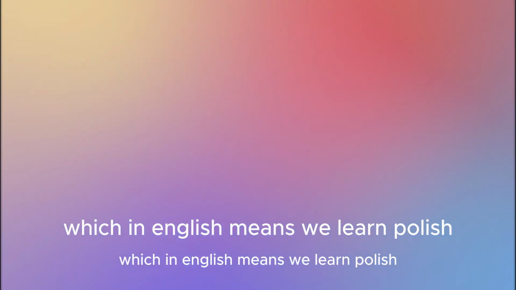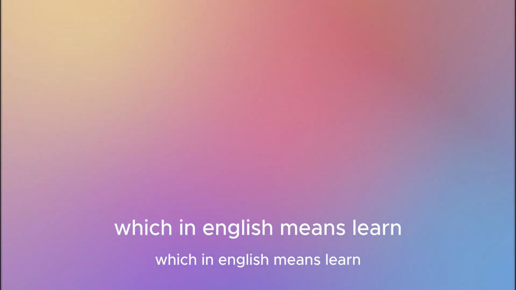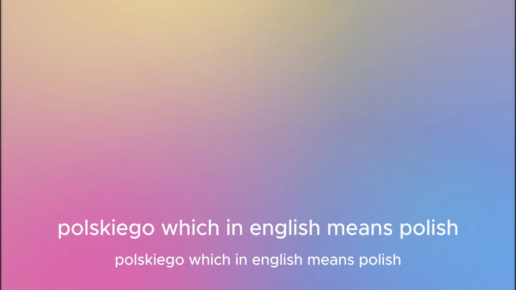Good. Now another one. My uczymy się polskiego, which in English means we learn Polish. My, which in English means we, uczymy się, which in English means learn, polskiego, which in English means Polish. Again.